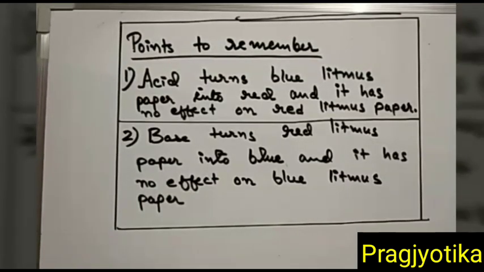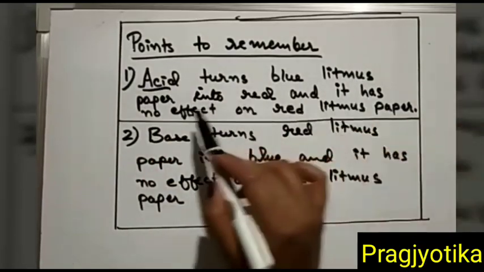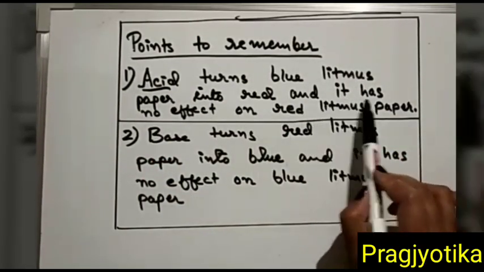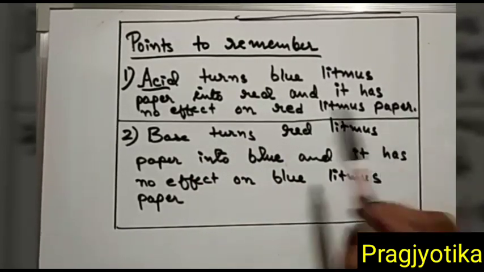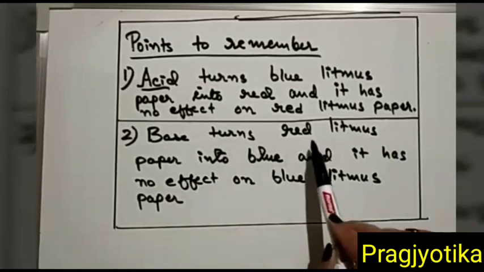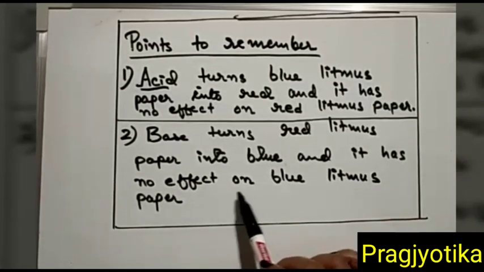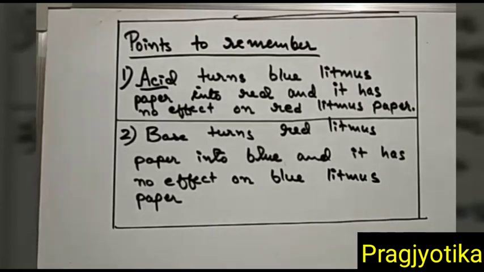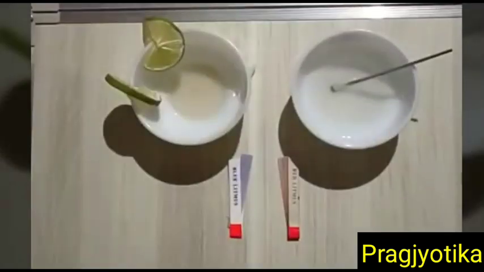And always remember that acid turns blue litmus paper into red, and it has no effect on red litmus paper, and base turns red litmus paper into blue, and it has no effect on blue litmus paper. So let's perform the activity.